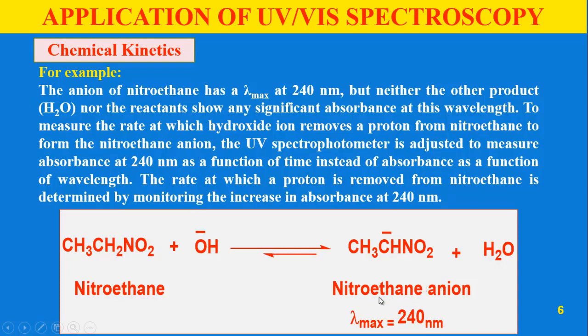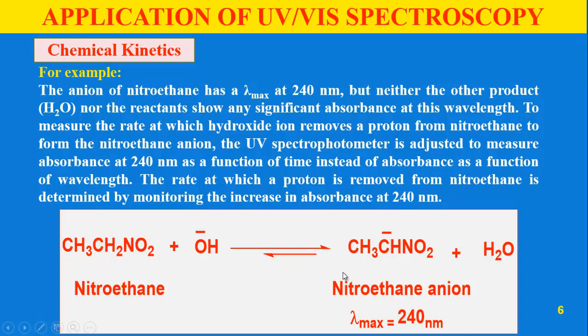If the concentration of nitroethane anion increases by absorption at 240 nanometer, we can say that the concentration of nitroethane decreases and the concentration of nitroethane anion increases.